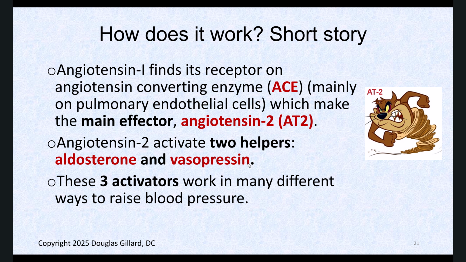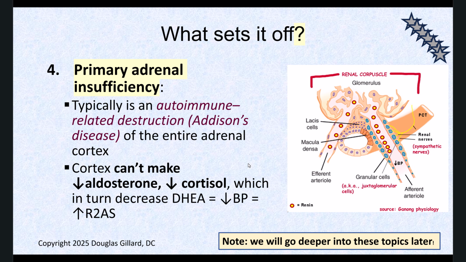Am I not going to explain that to you? Well, if you can't make aldosterone or cortisol, then how's that going to set off the R2A system? If you can't make aldosterone, then you can't reabsorb salt. And if you can't reabsorb sodium from the filtrate, chloride will follow through Pendrin channels.